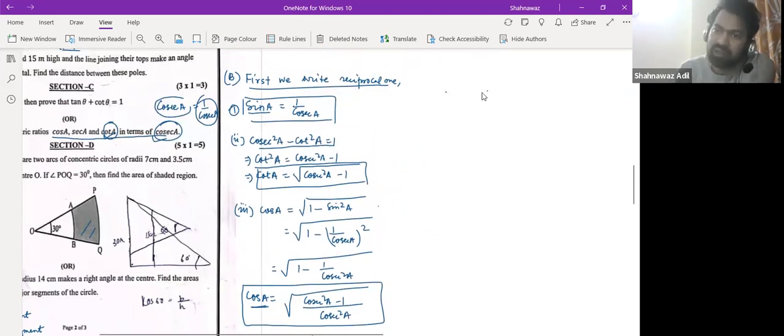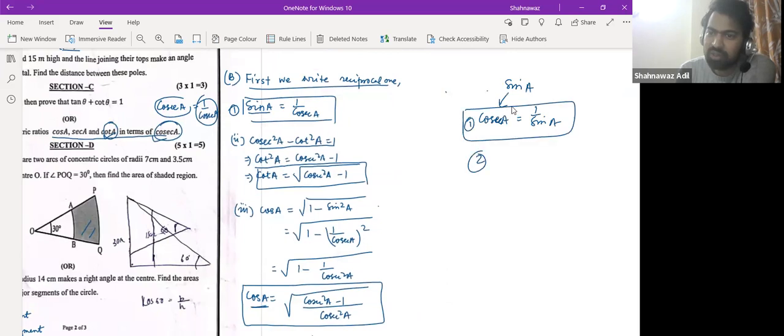If they want us to write in terms of sine A, what is the first thing that we can write? We can write the reciprocal. So cosec A would be 1 by sine A. This would be the first thing you write. And then you can use the identity.